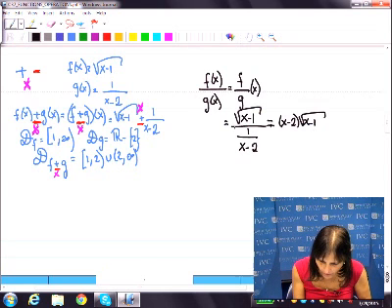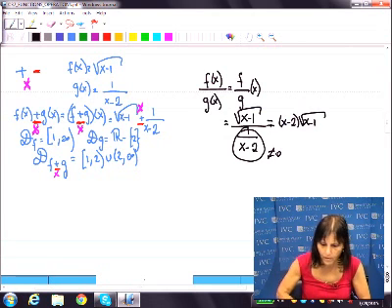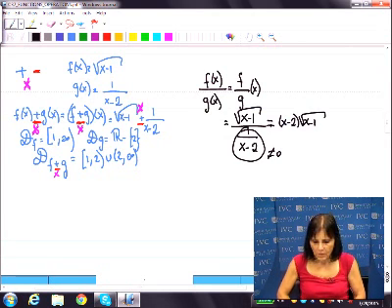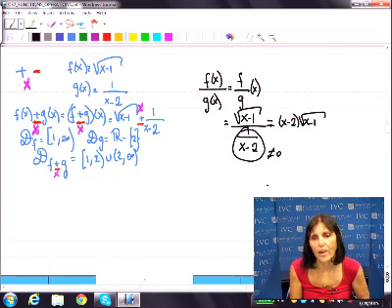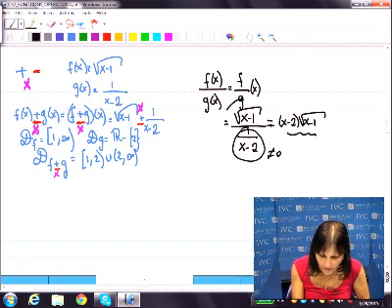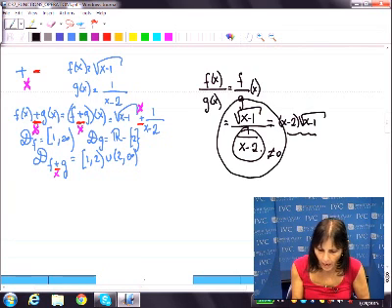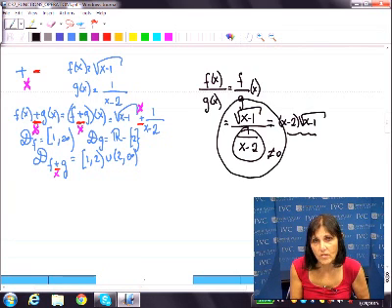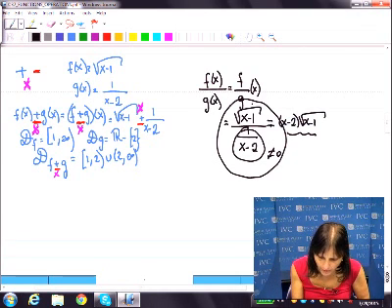Now, when I do this, I cannot have the denominator be 0. Does that make sense? I cannot have 0 in there. Okay, well, is that possible? It's not possible anyway. Don't look at this version, just look at this version. 1 over x minus 2 is never 0. Okay, so I don't have to worry about it. All I have to worry about is for this to be real, and for this to be real.